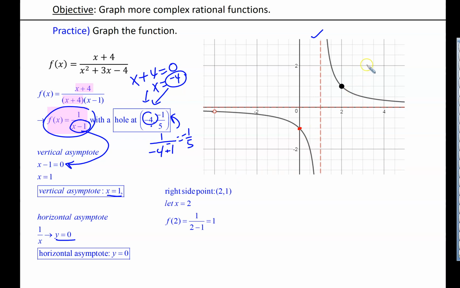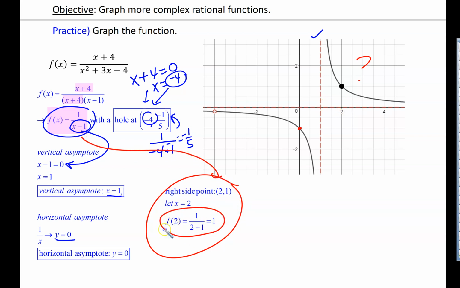So we don't have a point for this piece over here. So that had to be calculated, and that's shown right here. Choosing the nice whole number of 2, plugging it into the reduced function, f of 2 gives us 1. And so that's that point right there, 2, 1. And then that allows us to finish up the graph.